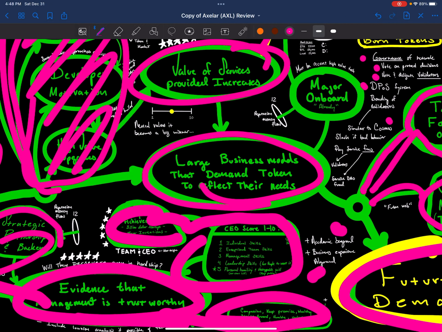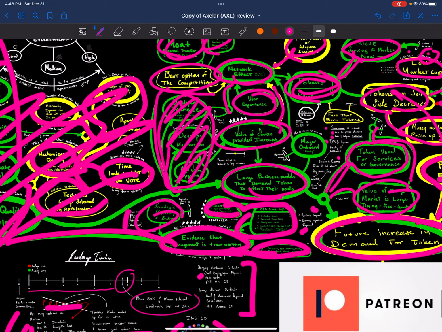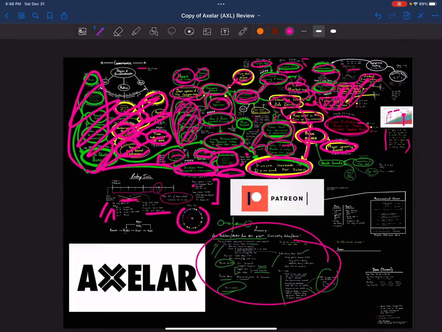I put that as neutral until it becomes a big winner. I don't expect big businesses to want to hold the token until it is bigger in success. But still green from that perspective.